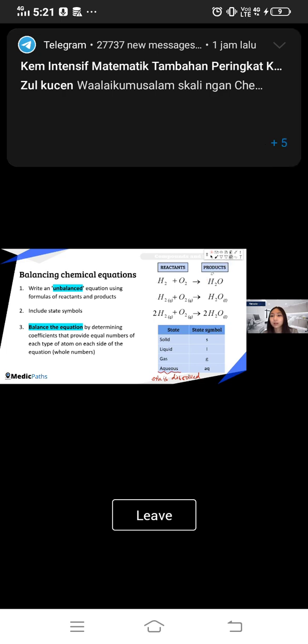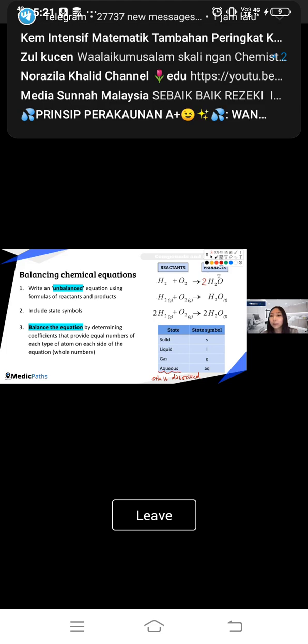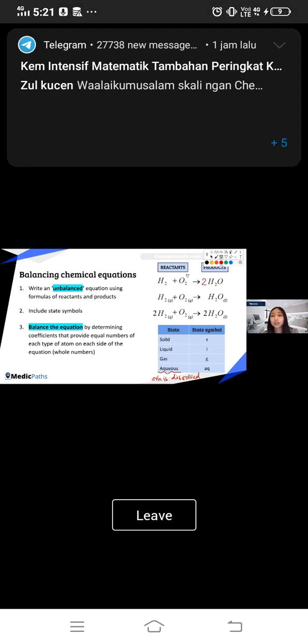Now you've got 2 oxygens on the right and 2 oxygens on the left. That's perfect. But now you have 4 hydrogens on the right and 2 hydrogens on the left. So we need to balance that. How do we do that? By adding a 2 in front. You do 2 times 2, 4 hydrogens, and now you've got 4 hydrogens, okay? You've already balanced the oxygen, so that's why it's equal. Hope that makes sense, yeah?